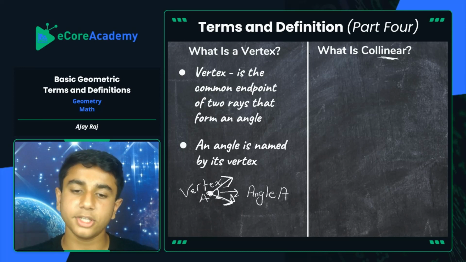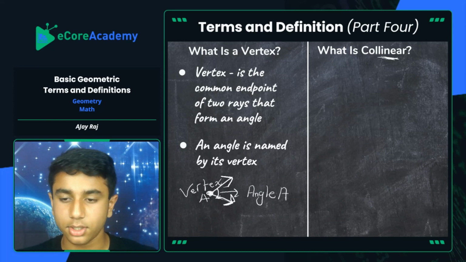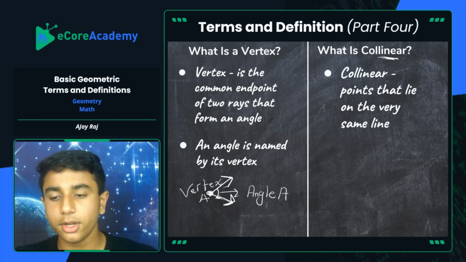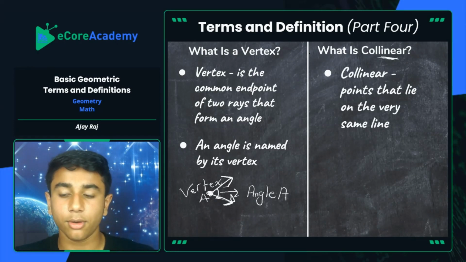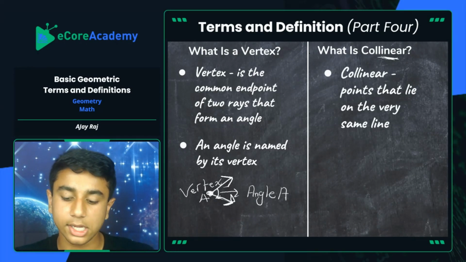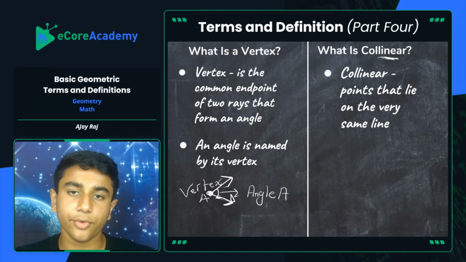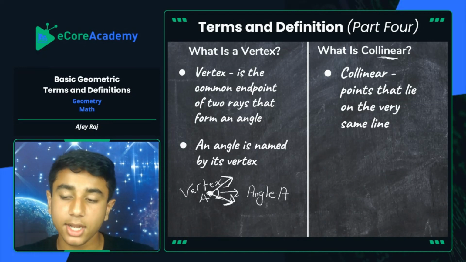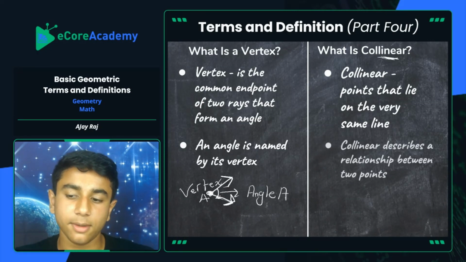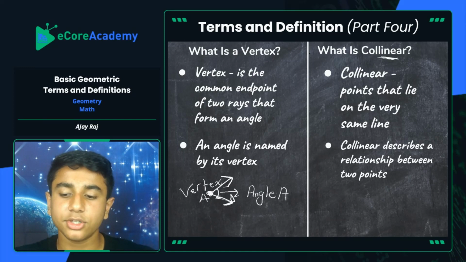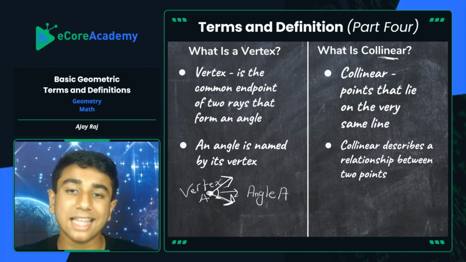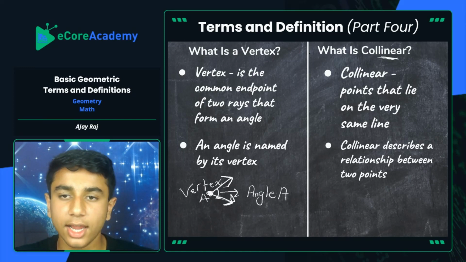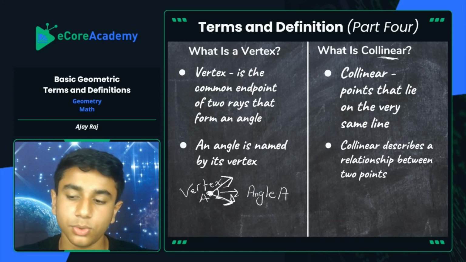Like I said here, collinear points are by definition points that lie on the very same line. Now we know that a line has an infinite collection of points, but we want to see if specific points lie on the same line, and we want to know what that relationship is defined by. So it uses a line to describe the relationship between points.